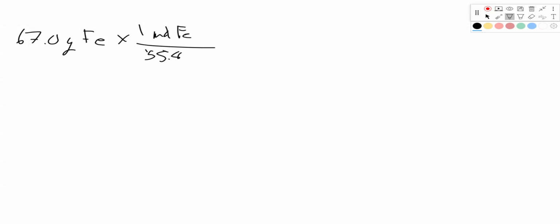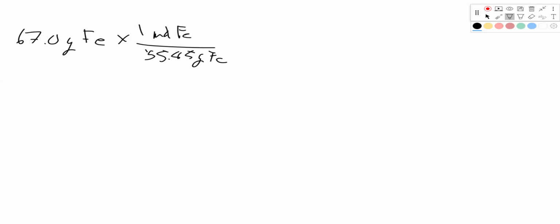Okay, so let's start with the iron. They told us we had 67 grams of iron. And I want that in moles. I really cannot draw an E to save my life with this pen. There we go. So we know that for every 1 mole of iron, we have 55.85 grams of iron.